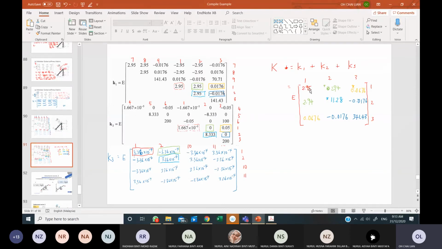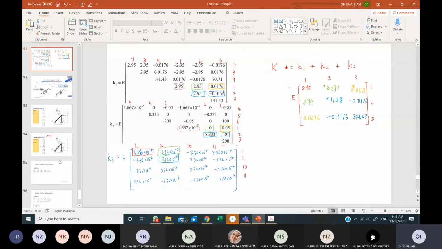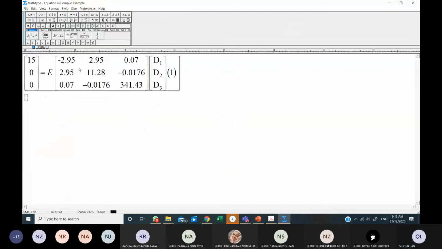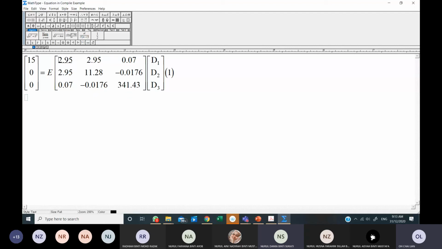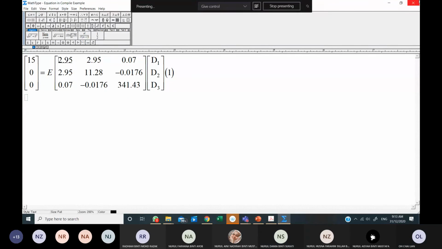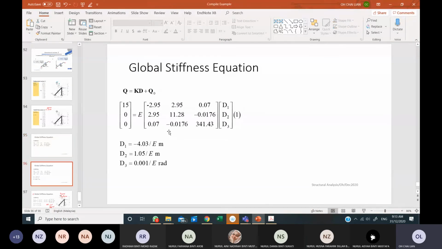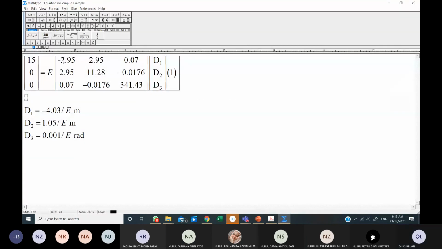Positive 2.95. Okay, 2.95 positive. The remaining is okay? Only this one? Okay, so can you recalculate the things?